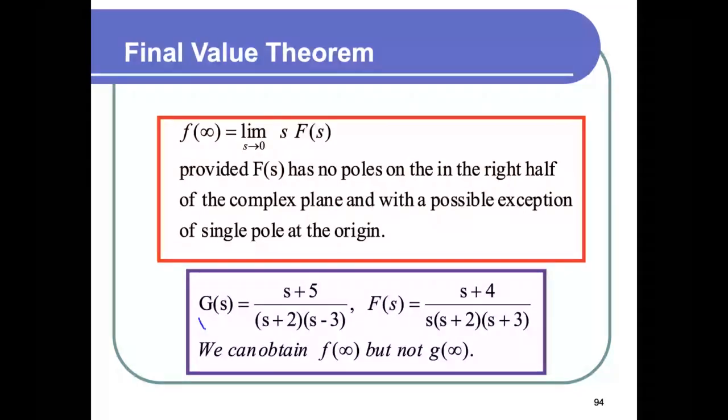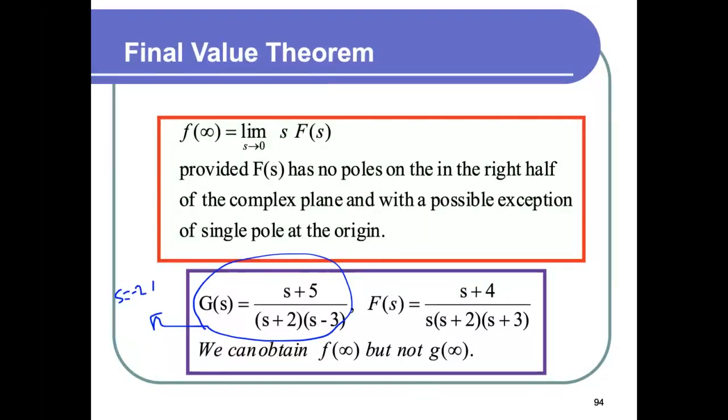For example, for this function, the poles are s equal to either -2 or +3. Because of this +3, I cannot use the final value theorem. This one, I can use the final value theorem because all of the poles are negative and I only have one pole at the origin. So we can obtain f at infinity, but not g at infinity.